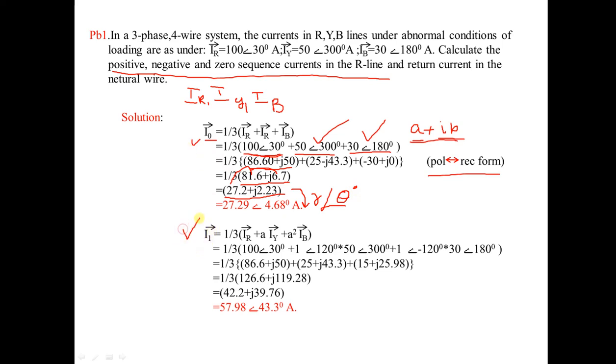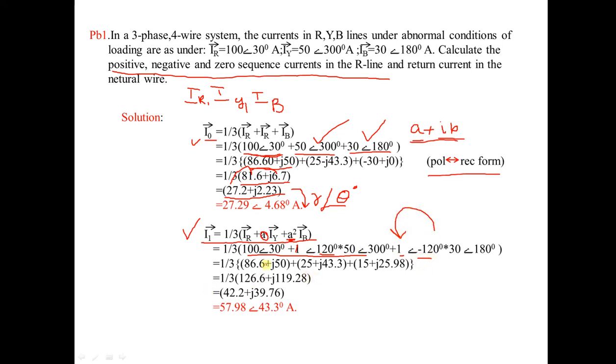Next is the positive phase sequence. Same, the only thing is to remember the formula: 1/3 of IR vector plus a IY vector plus a square IB vector. First apply all the data given. Here we have to remember the angle: a means 1 angle 120 degree, and a square is 1 angle minus 120 degree, because it is in the opposite direction.